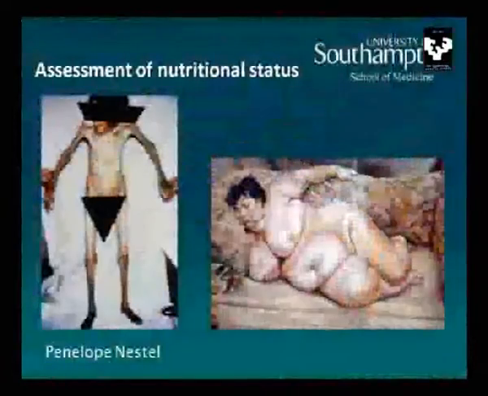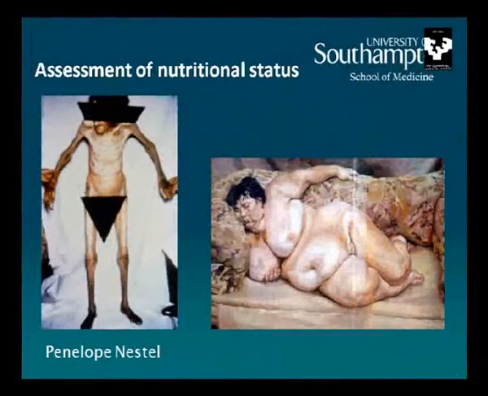So what I'm going to do today is to talk to you about assessing nutritional status. And here you see two pictures. What do you see in those pictures?